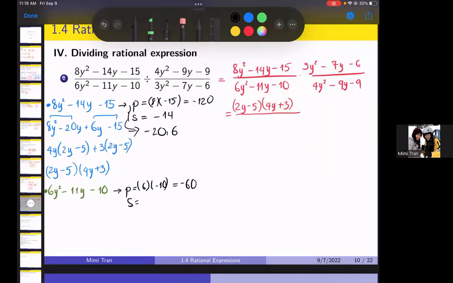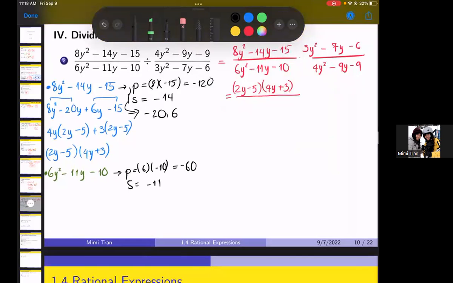And then the sum is negative 11. What are the two numbers? Use your calculator. Right, very good. Negative 15 and 4.